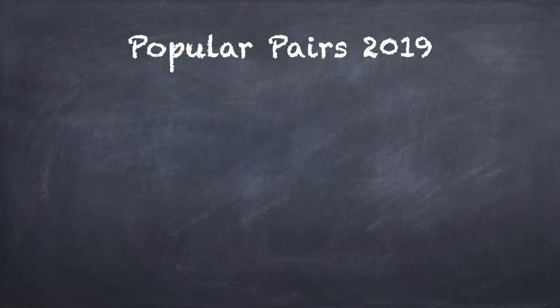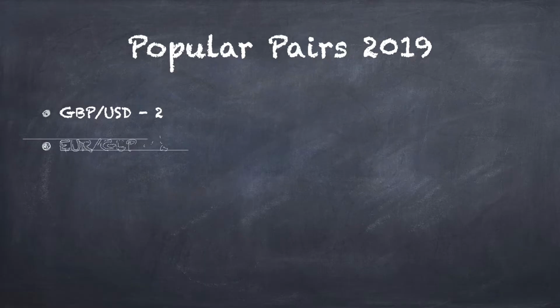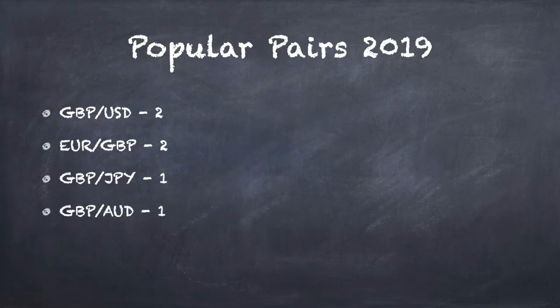So what we found is that in 2019, from January to December, pound USD had met a requirement of a tradable position only twice. Euro pound twice. Pound JPY once. Pound AUD once. Euro JPY twice. That is what the data says.